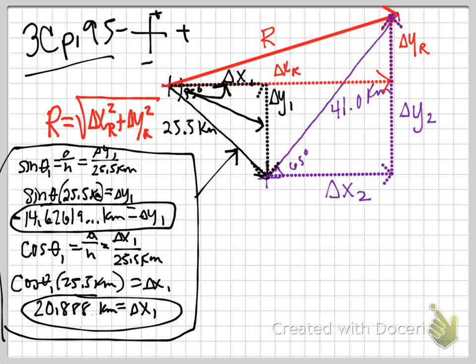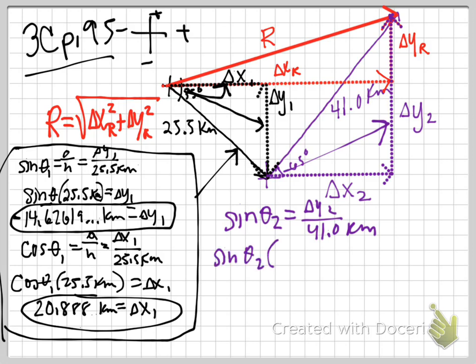Okay, so now for that next triangle, and I'm going to switch colors here. If we look at the angle, we know that y is right across from it, so we're going to use sine. So sine of theta 2 equals delta y2 over 41.0 km.